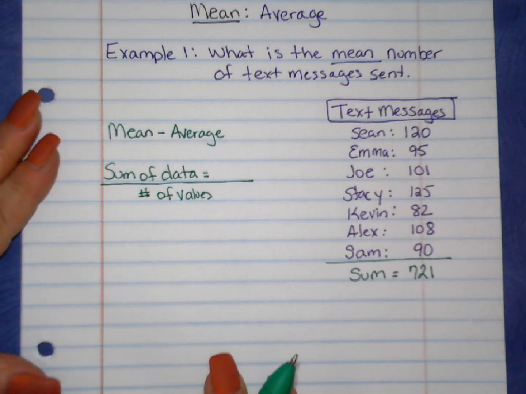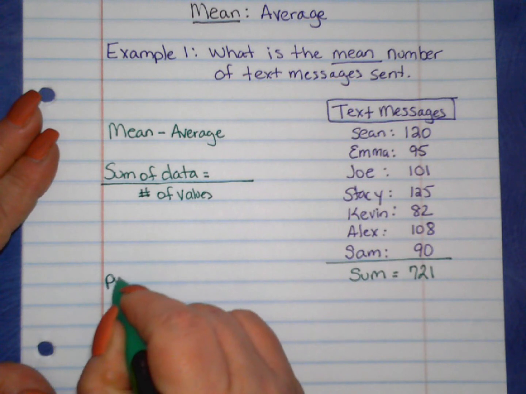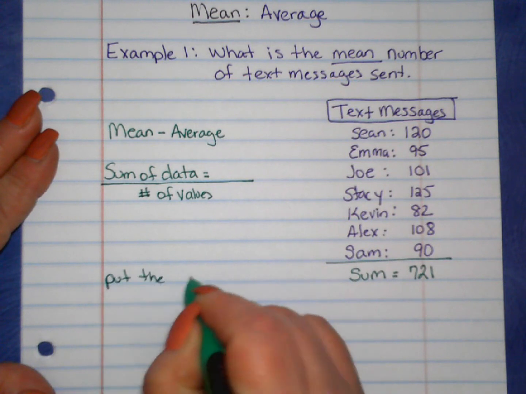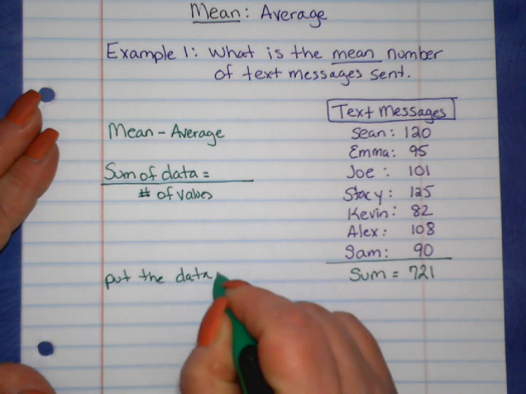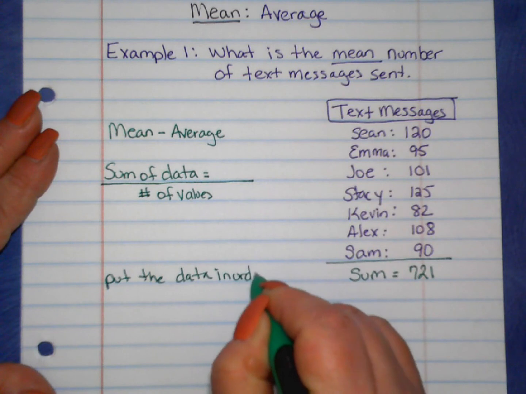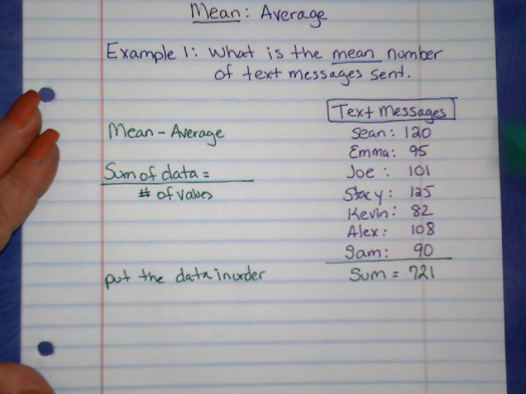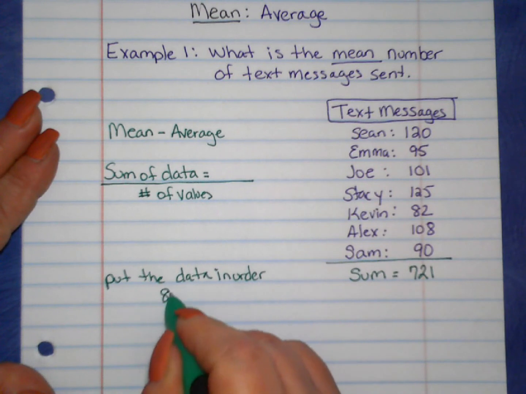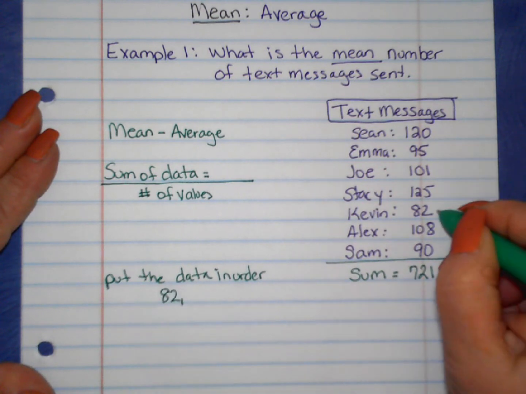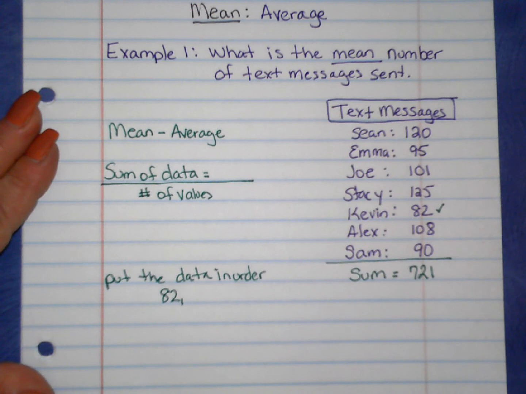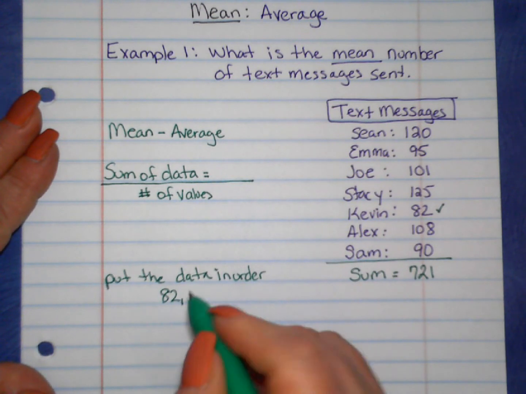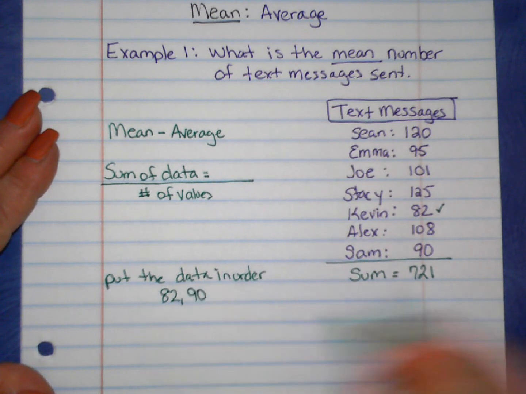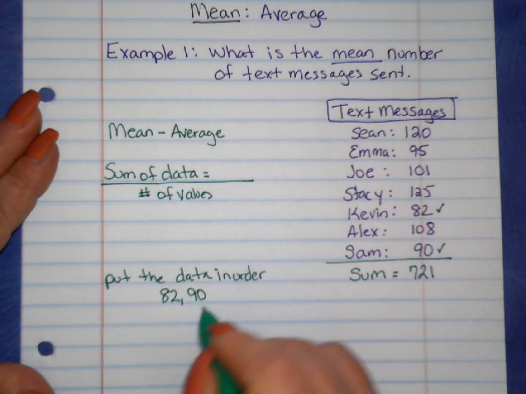So you make a new list, put the data in order, okay? And in my new list, 82 is going to be my lowest value. And when I put it in order, I check that one. And then the next one is 90. And that's the next one. Then I have 95.